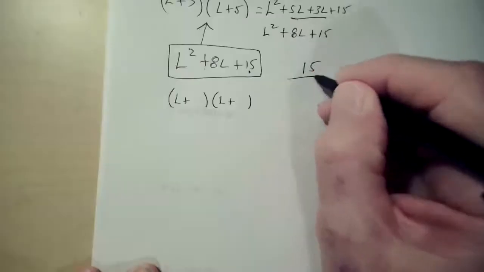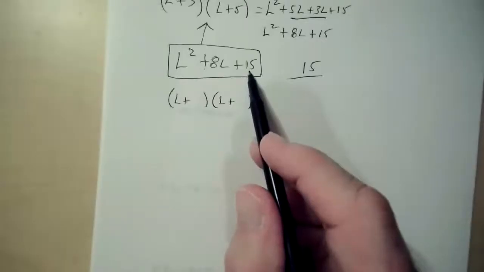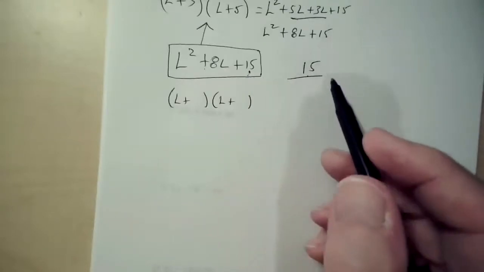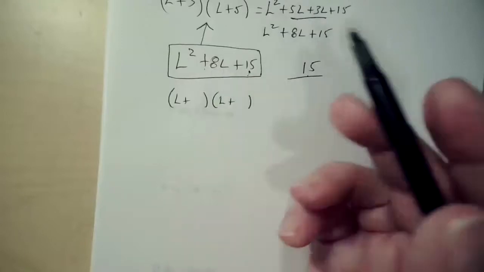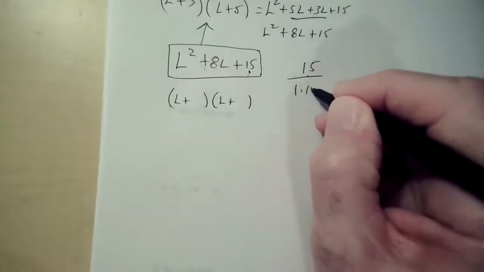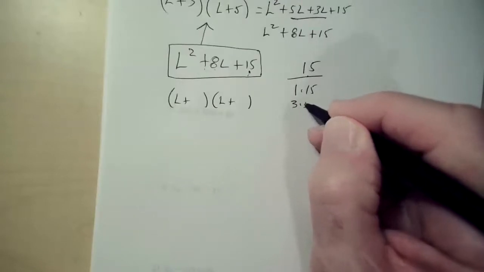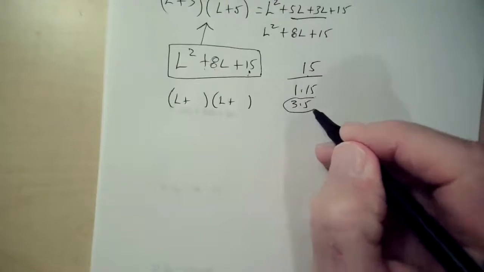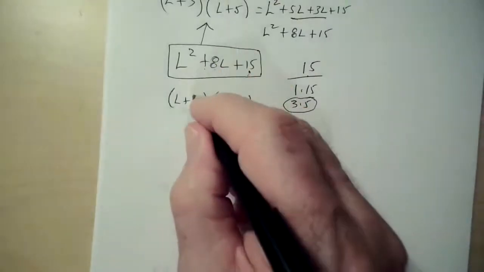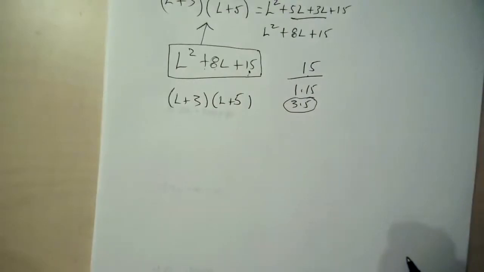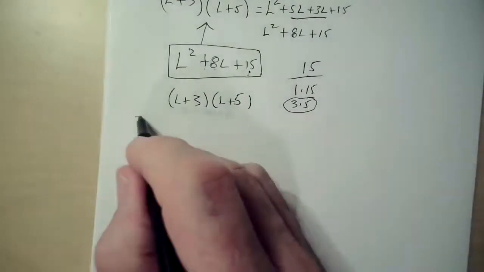What we want to do is take the 15 and find the factors of 15. Factors are what two numbers multiplied times each other give us 15 that will add up to 8. Is 1 times 15? No. 3 times 5. There it is, isn't it? 3 and 5 is 8. So we have 3 here and 5 there.